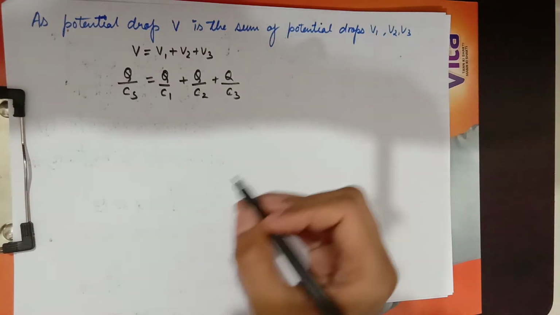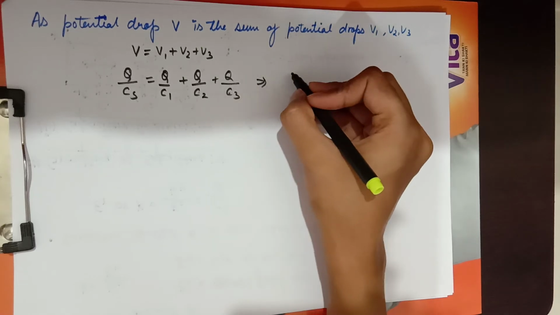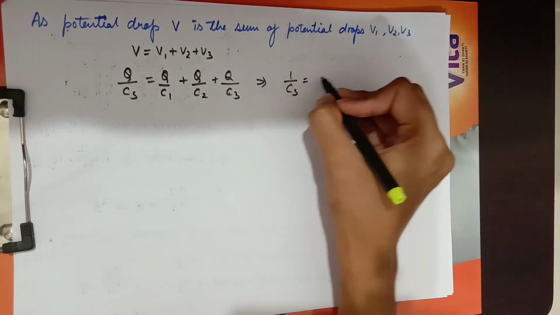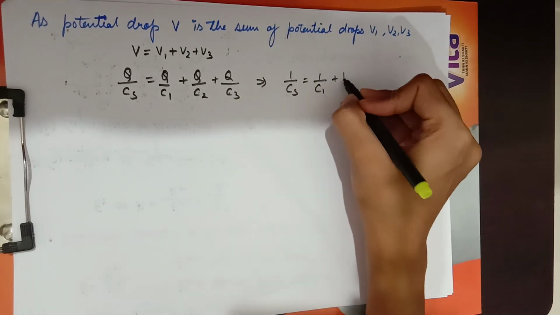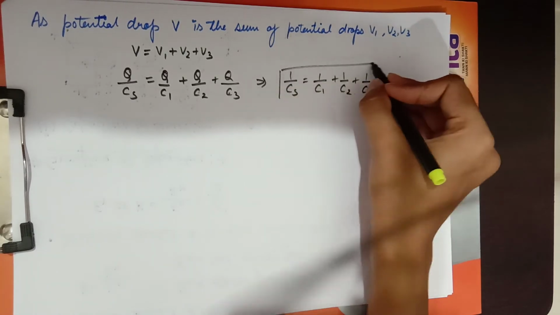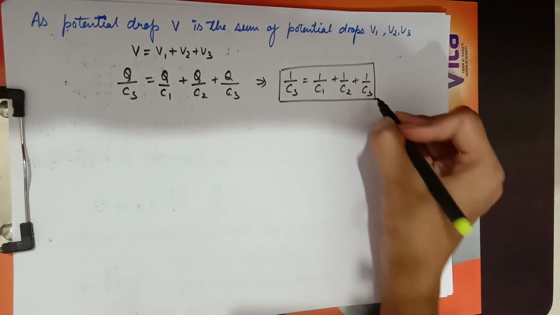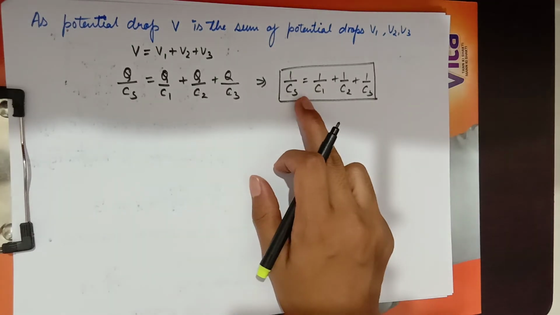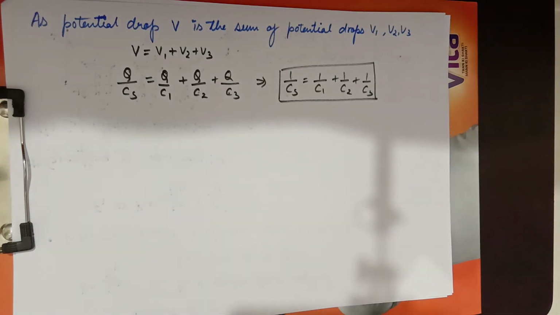So I get the formula 1 upon Cs is equal to 1 upon C1 plus 1 upon C2 plus 1 upon C3. So this is the total capacitance of a series combination.